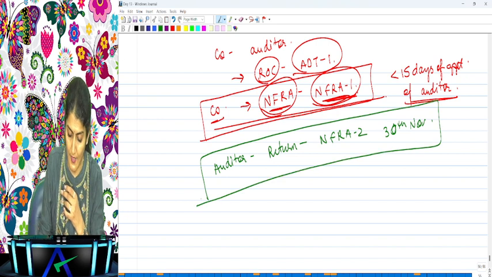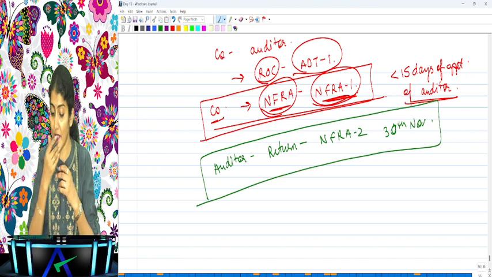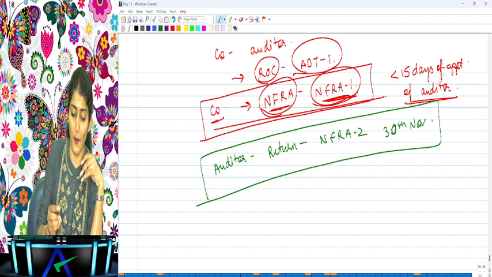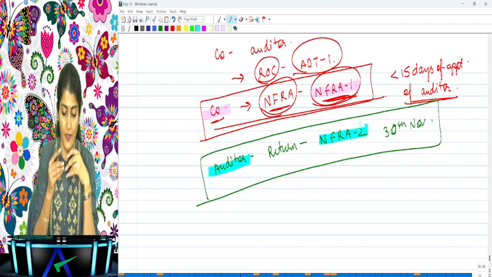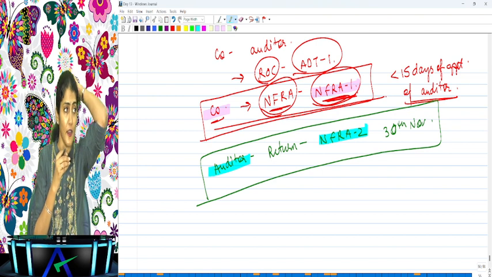The auditor has to file the form NFRA 2. The company has to file NFRA 1. Are you understanding that? So NFRA 1 and NFRA 2.